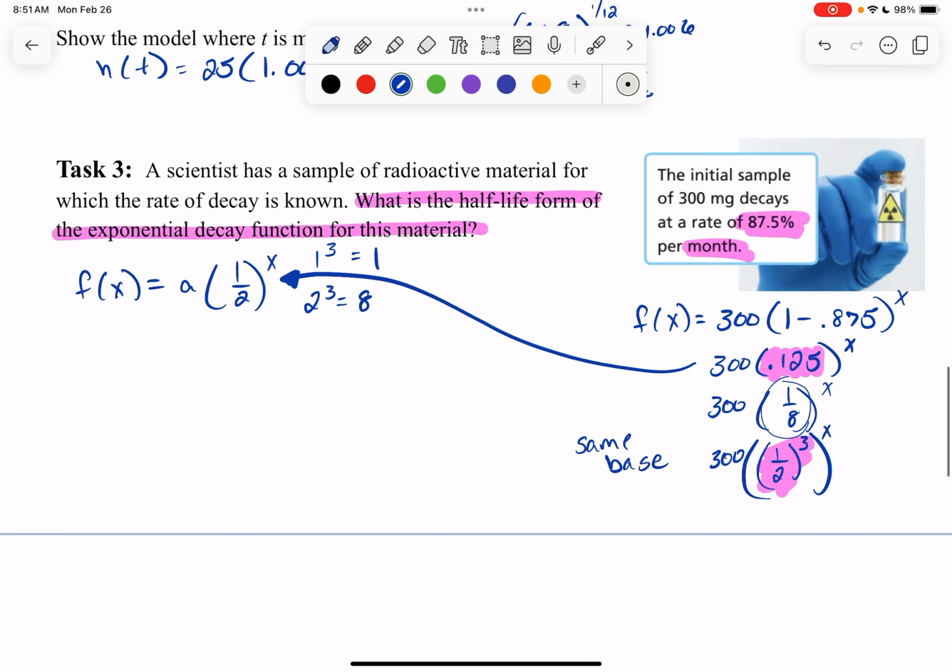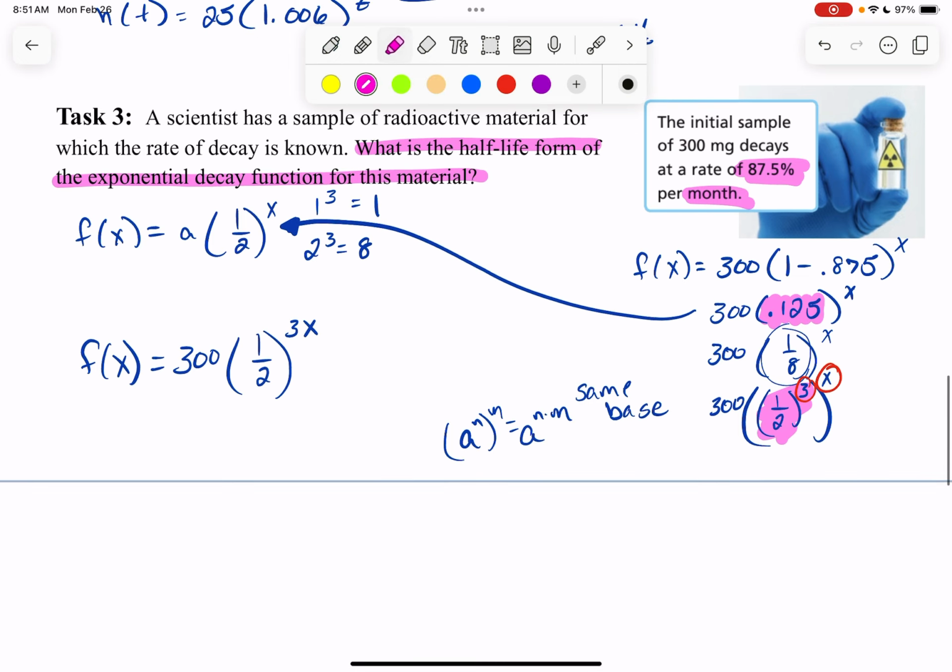So from here, I just need to simplify a bit or use my power of exponents. A power to a power, a to the n to the m, is equal to a to the n times m. You multiply those exponents. So I would multiply this 3 and this x. So my new equation becomes 300 times 1/2 to the 3x.